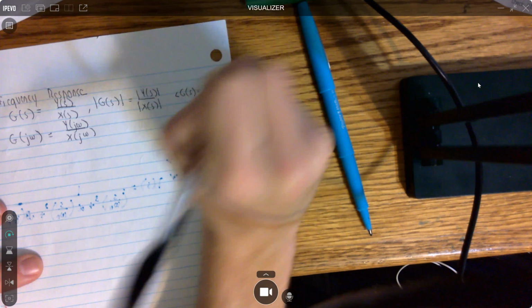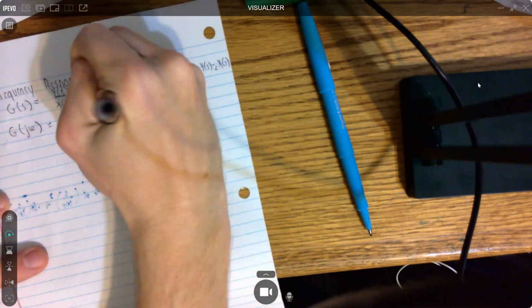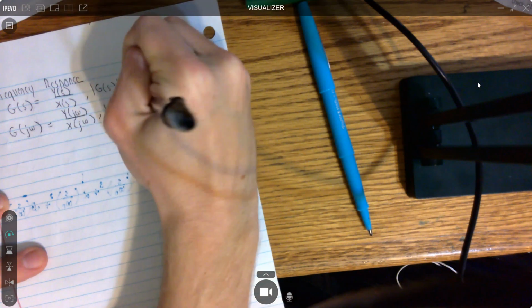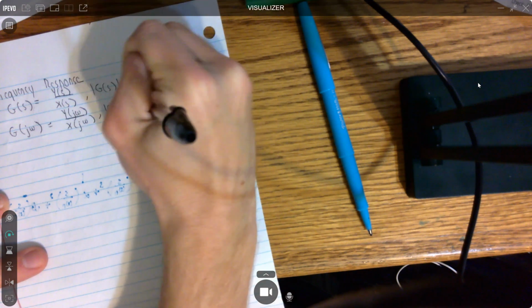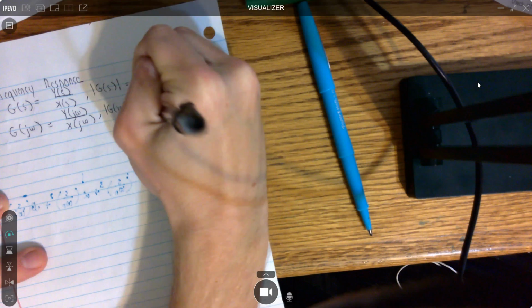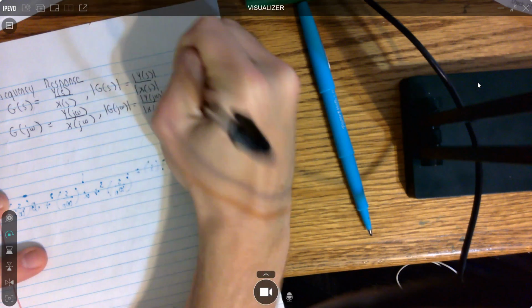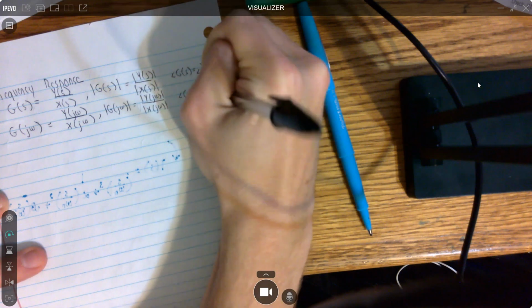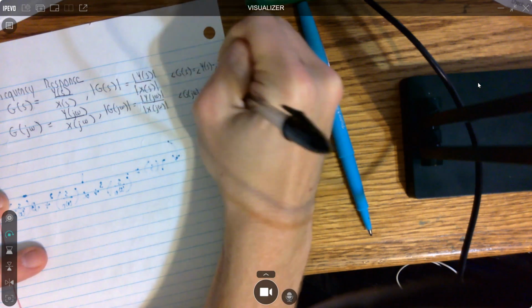Okay. And so for your magnitude here, the magnitude of G of J omega is going to be equal to the magnitude of Y of J omega divided by the magnitude of X of J omega. And your angle of G of J omega is equal to the angle of Y of J omega minus the angle of X of J omega.